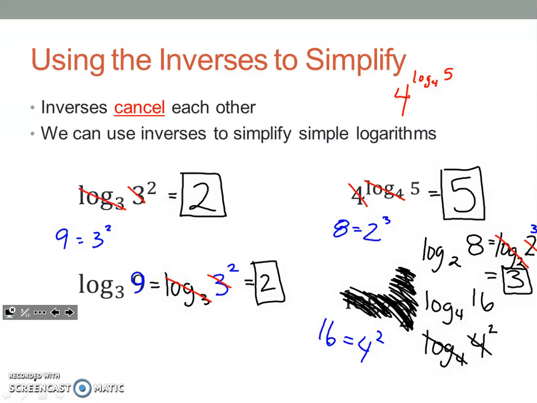Now their bases match, and we get 2 for an answer. So this part right here is essentially what you're asking yourself. You rewrite it so that the bases will match. And then once your bases match, that's when we are able to cancel.